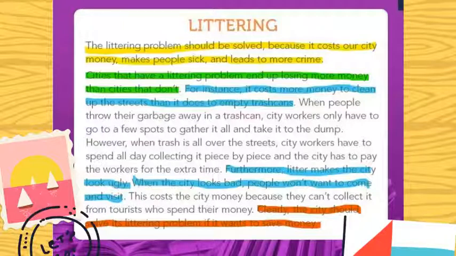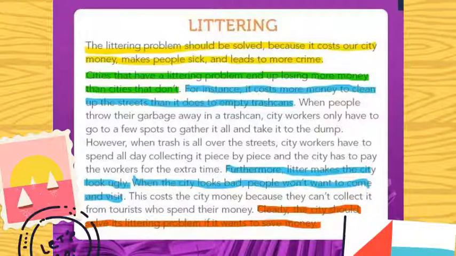Yes, it does, because the topic sentence says that cities that have littering problems end up losing more money than cities that don't. So this one, it costs more money to clean up the street, is an example of how littering problems end up losing more money.